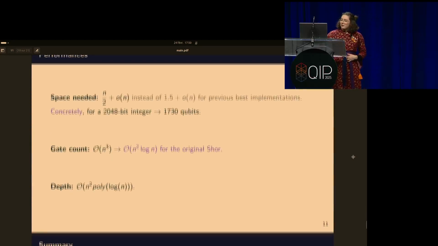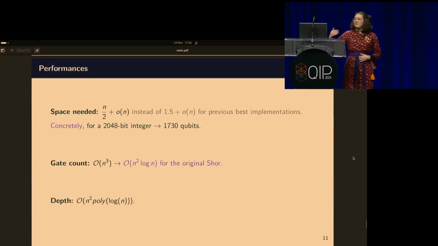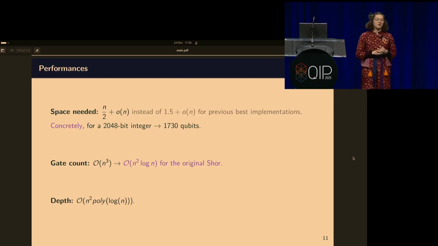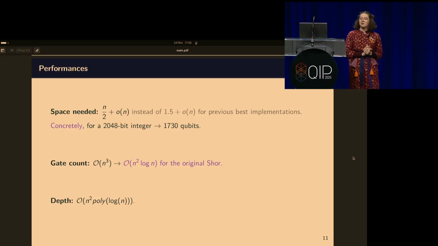Let's do a quick performance recap. So I said earlier that with all of the tricks I just presented you, we are able to achieve a qubit count of n over 2 plus a negligible amount of qubits to factor our integer big N. This means that concretely, if you want to factor a 2048-bit long integer, for example, you will only need 1,730 qubits, which is even less than the size of the number.